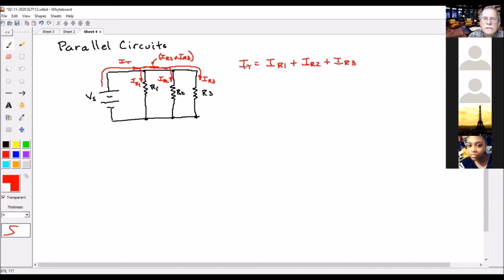As a matter of fact, we call that Kirchhoff's current law. So Kirchhoff developed a law for series circuits, which was Kirchhoff's voltage law, and also developed a law for parallel circuits called Kirchhoff's current law.